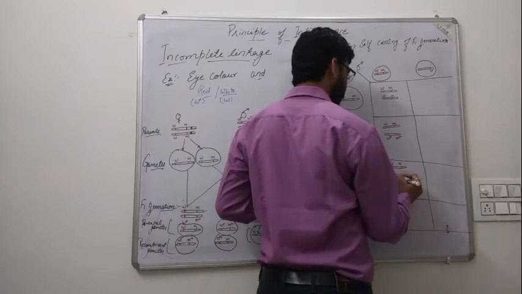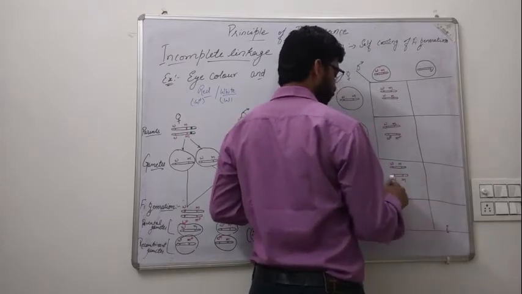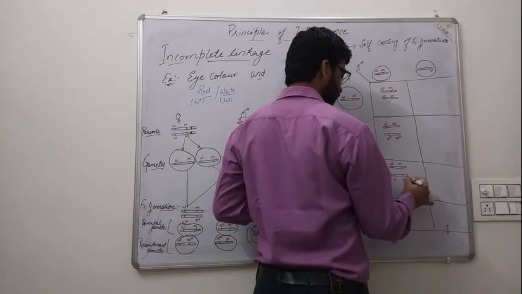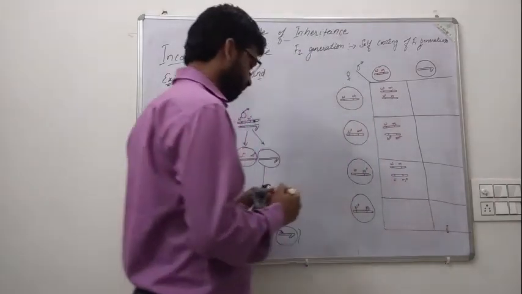White eye, miniature wing. White eye, normal wings here.